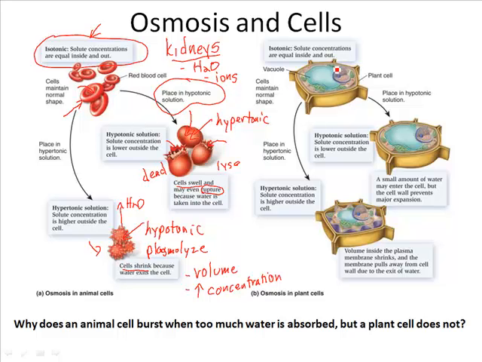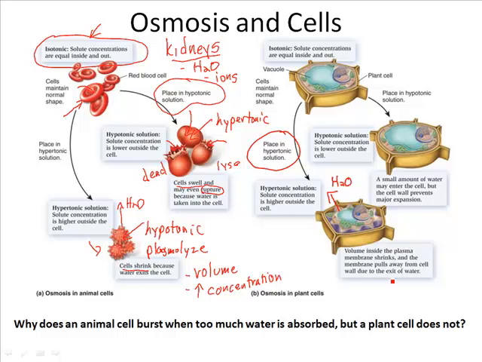So now let's see how a plant takes care of water balance. Now let's imagine in this case, I place a plant cell in a hypertonic solution. Because the solution's hypertonic, that must mean the cell is hypotonic. Therefore, the plant cell is going to lose water.